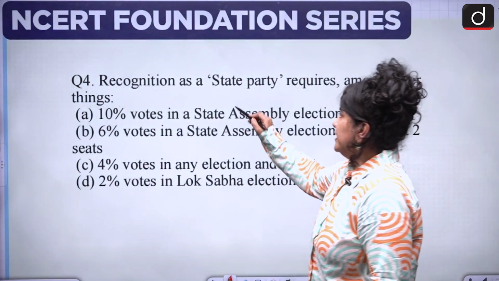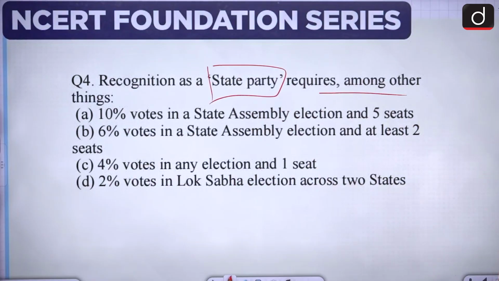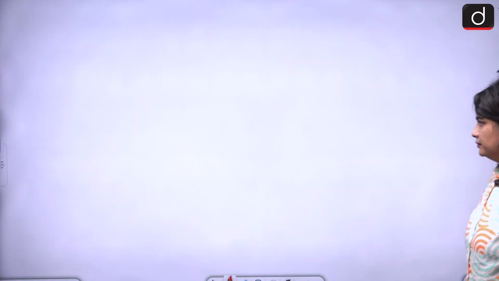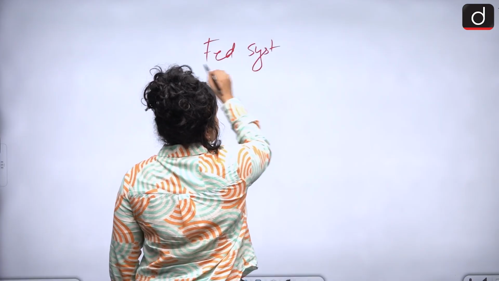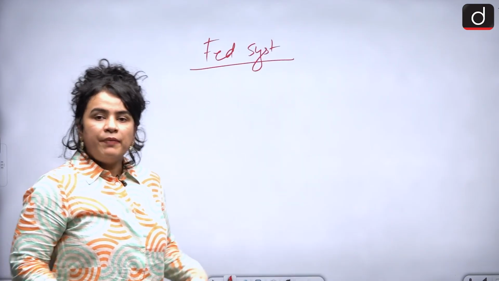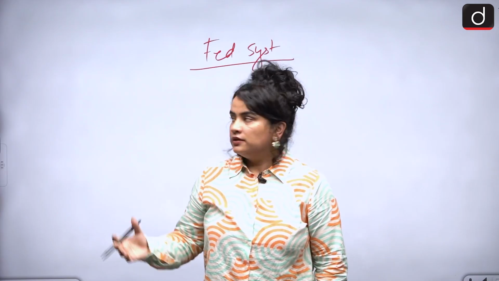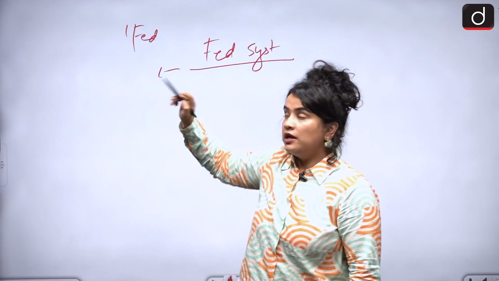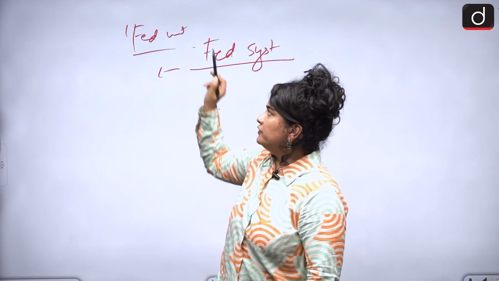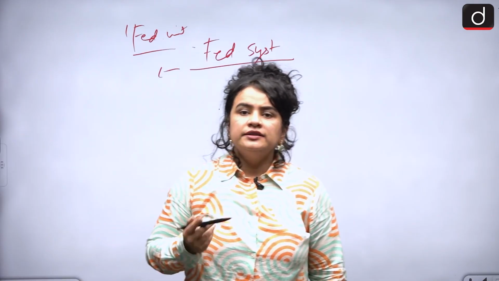Question 4. Recognition as a state party requires, among other things... Now, in any federal system of democratic government, parties could be either focused in one federal unit, or in more than one federal unit, the center as well as other subunits.